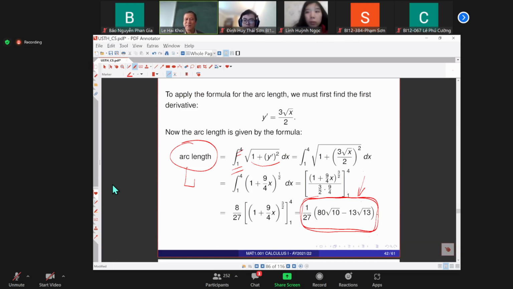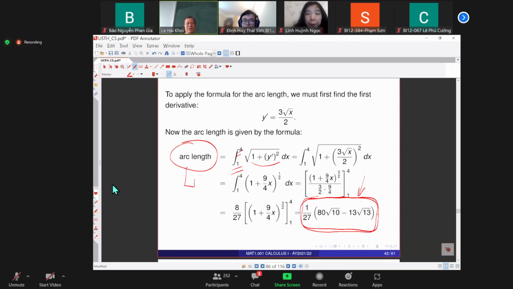But it can happen. The answer may involve square root of 10, square root of 13, but it can work. So pay attention: not every question I give you has a beautiful answer.